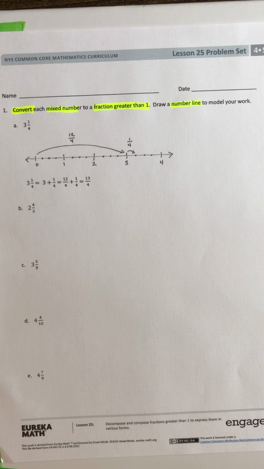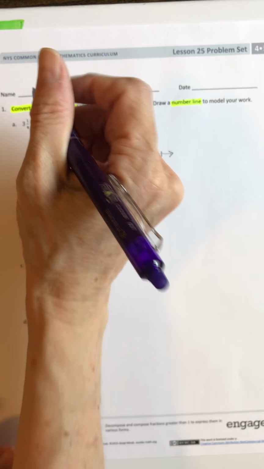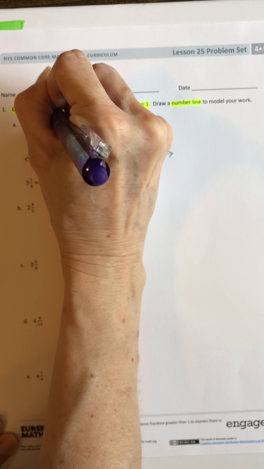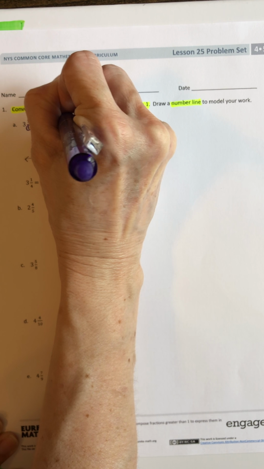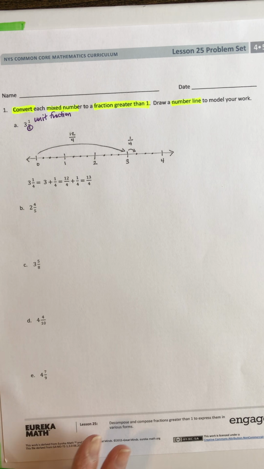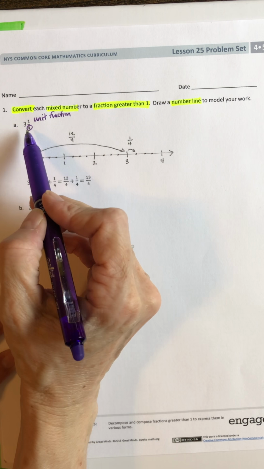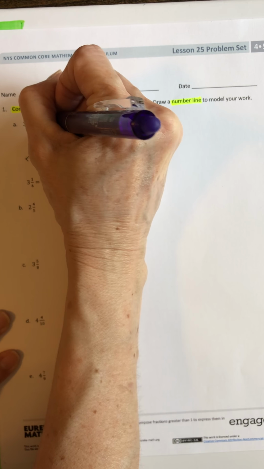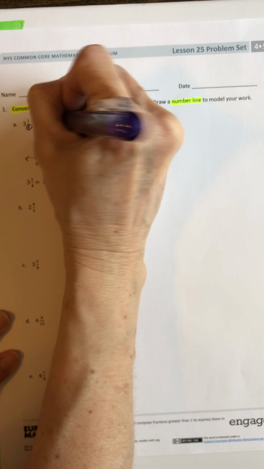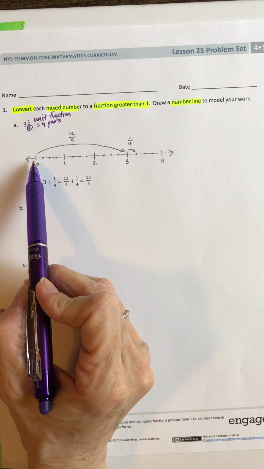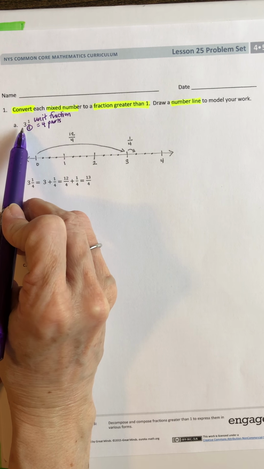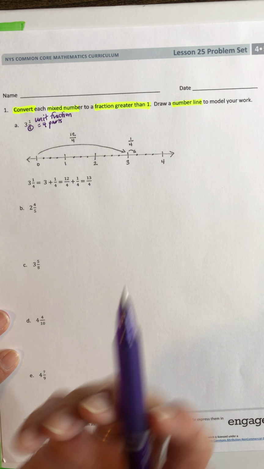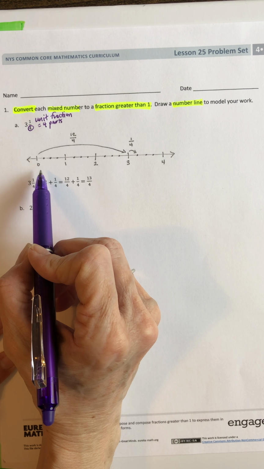So starting with part A, we always want to define our unit fraction. That is also what each of the wholes on our number line will be divided into, equal parts. So these will have 4 equal parts, and the number line is showing you that the number 3 1/4, that's our problem, needs to be modeled with a number line.